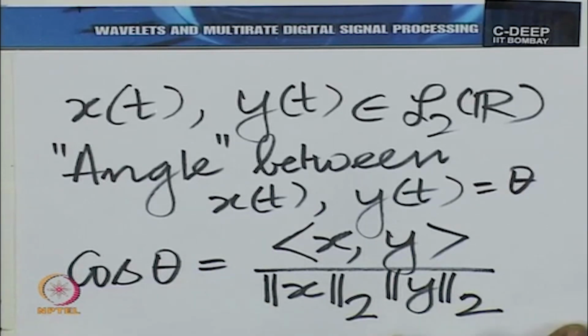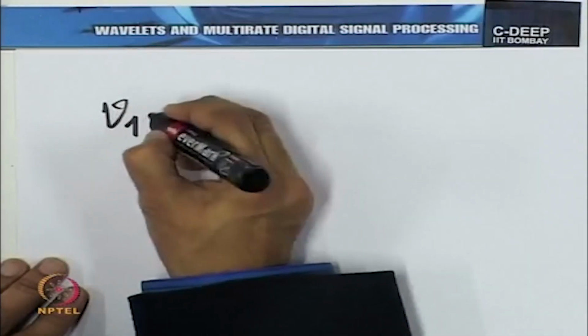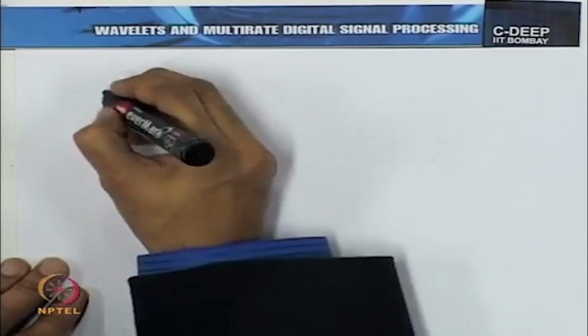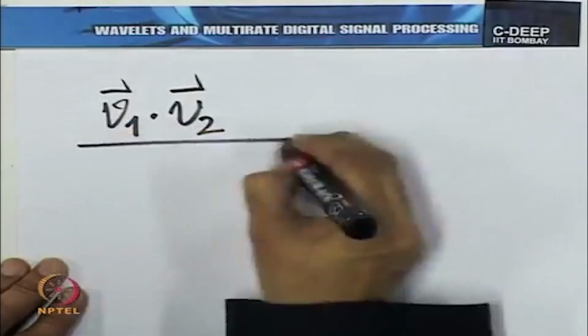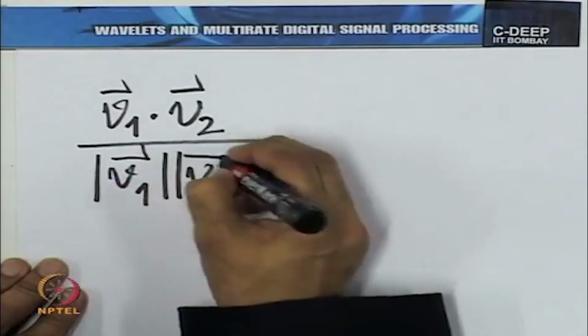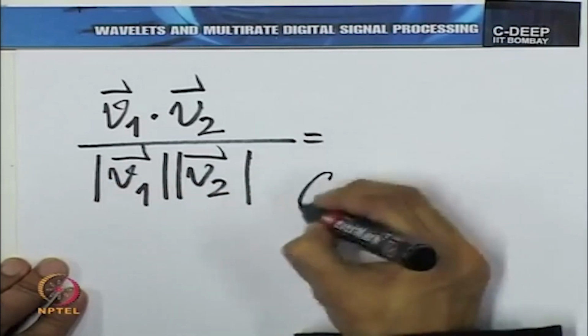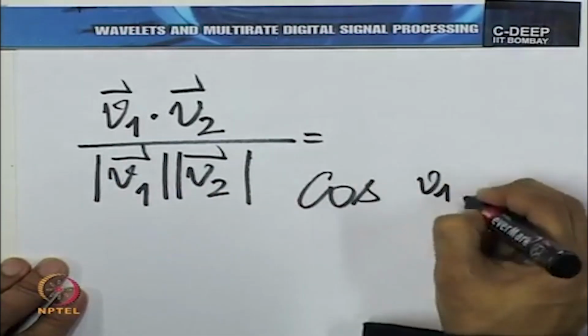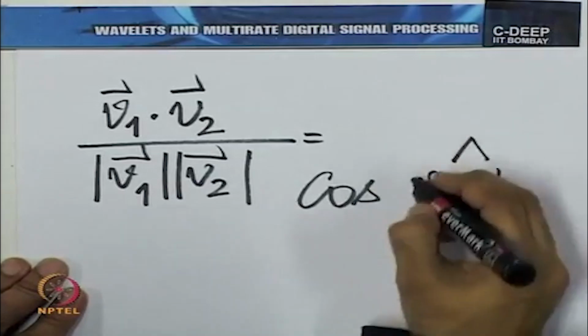Now, this is very similar to the idea of a dot product between two vectors. So, if you recall, if you have two vectors, let us say v1 and v2, then v1 dot v2 divided by the magnitude of v1 and the magnitude of v2 gives us the cosine of the angle between v1 and v2.